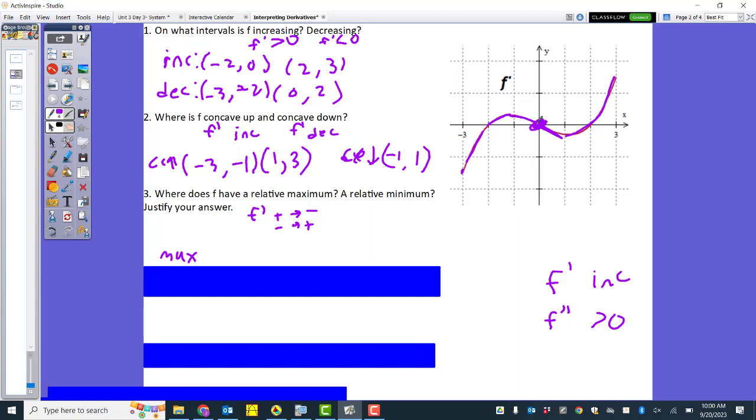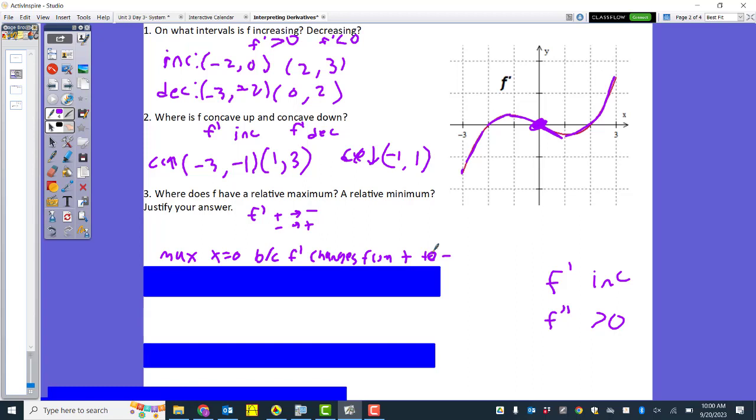So we go from positive on the left to negative on the right. So that's at x equals 0. Now, when it says justify, we have to justify using the graph we're given. We're given the graph of f prime. Our justification needs to use f prime. So x equals 0 because f prime changes from positive to negative.